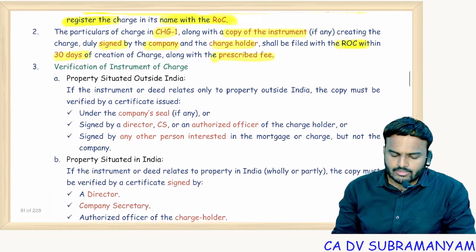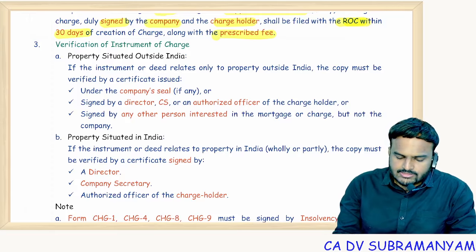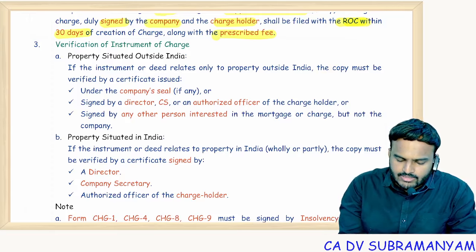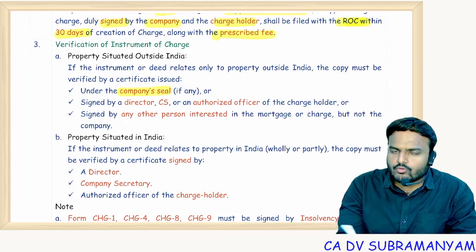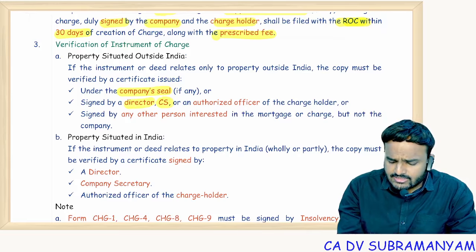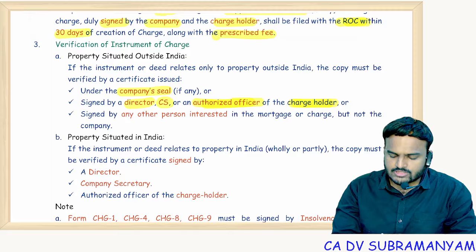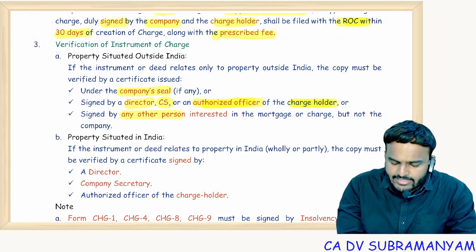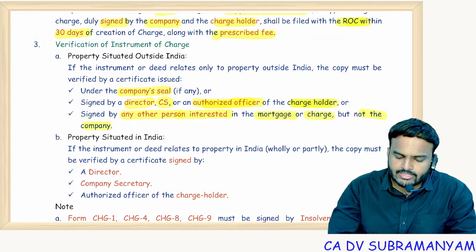Verification of instrument of charge. Many students had a confusion about this point. See, the certificate must be verified under the company's common seal if a common seal is there. If there is no common seal, or the common seal is there but still, a director, CS or an authorized officer of the charge holder must verify the instrument of charge, or it is signed by any other person interested in the mortgage or charge but not the company.